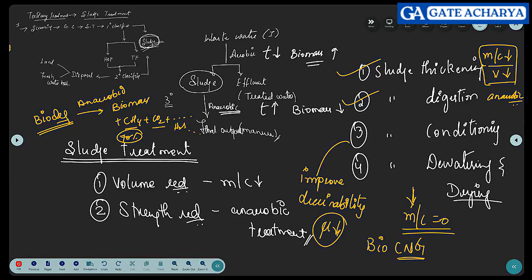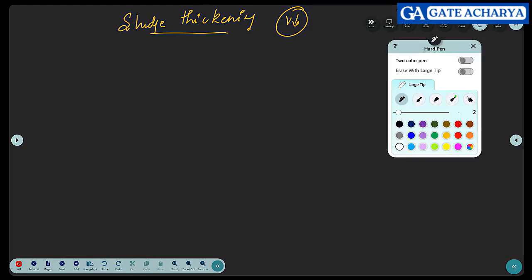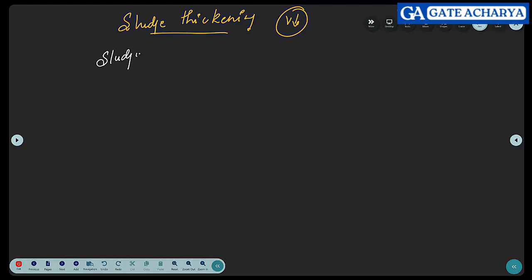ஓகே, ஸோ லெட்ஸ் ஸ்டார்ட் வித் ஸ்லட்ஜ் திக்கனிங். So this is a volume reduction process by reducing the moisture content. Okay, so a sludge எடுத்துட்டோம் அப்படின்னா, it has water and solids.